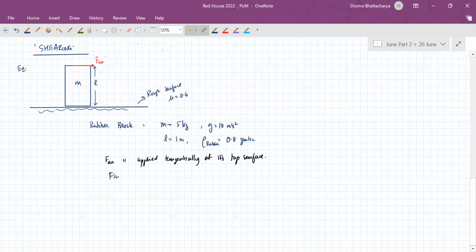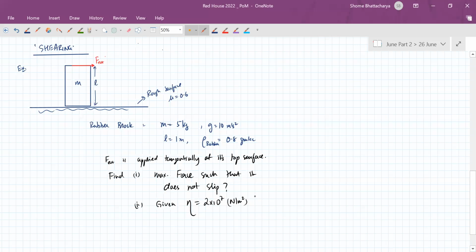So you have to find, first of all, the maximum force such that it does not slip, and given that the modulus of rigidity for rubber is so much, we have to find the shearing strain for this maximum force.